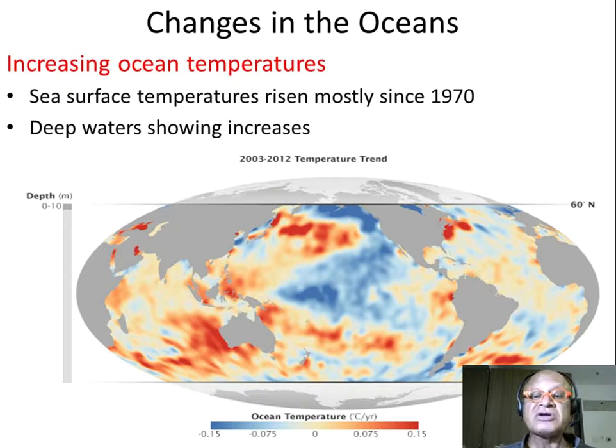So 0 to 10 meter warm, 10 to 100 warmer, 100 to 200 much warmer, and then less below 200, right? So the dynamics of the ocean and the dynamics of the atmosphere together determine where the heat goes.